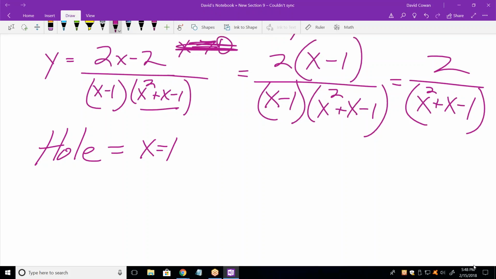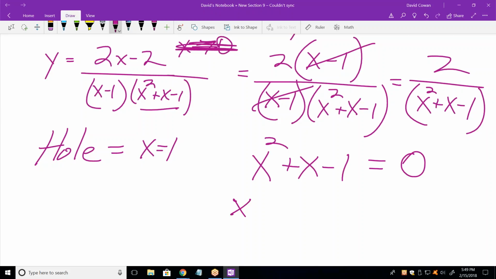Just because I cancel that with that, I still have the hole there. And the only vertical asymptote that is going to happen is when this is equal to 0. Okay. That doesn't factor, so I got to use the quadratic formula.